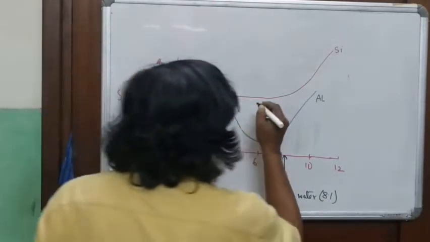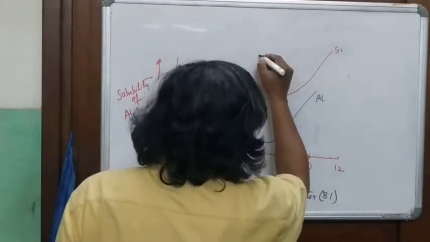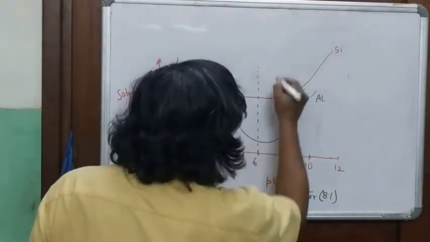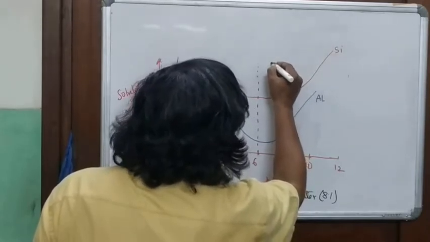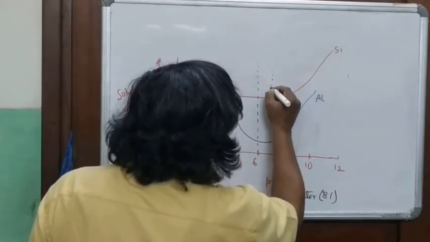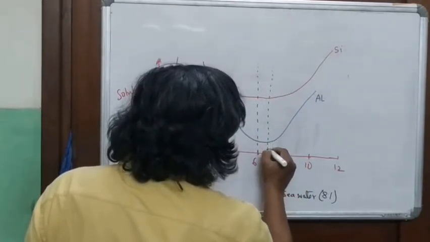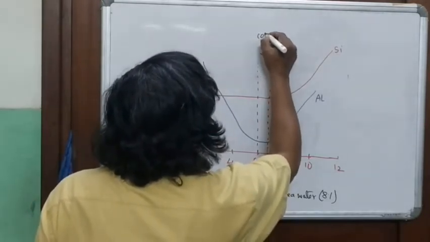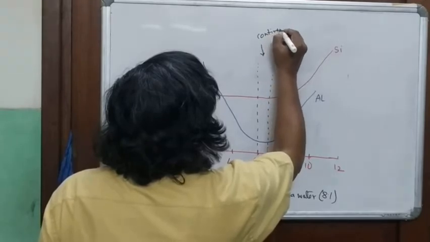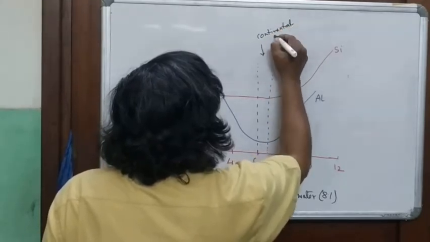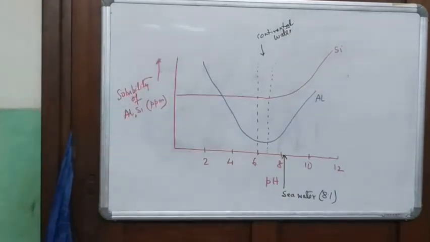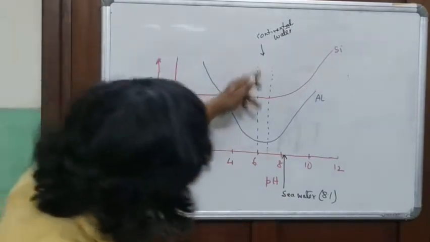And most of the continental waters are restricted to between 6 and 7.